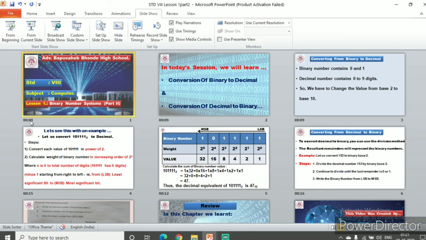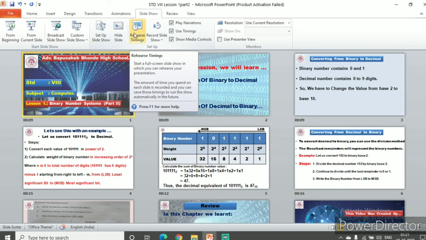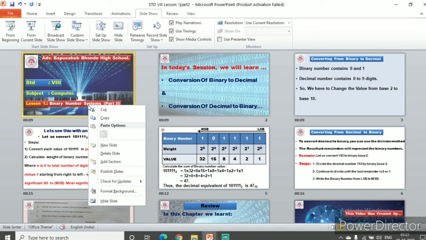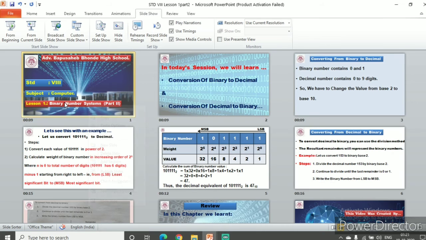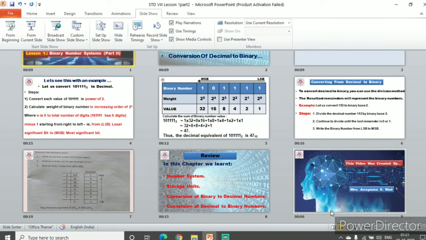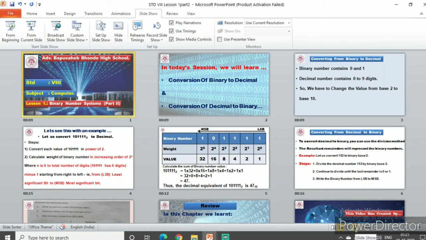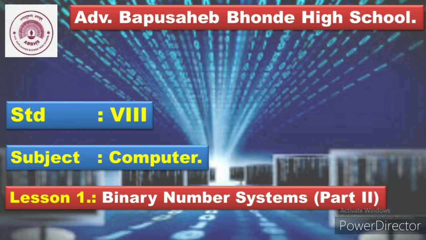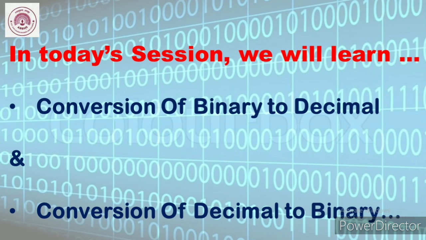And suppose if you want to reduce, can you? No, you will have to remove those timings. Again, you will have to rehearse. Okay, all right. Now, if I go into slideshow and I am not clicking, you will see automatically after 9 seconds it will move on.